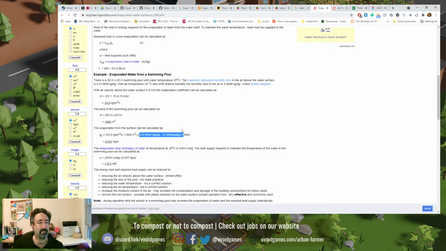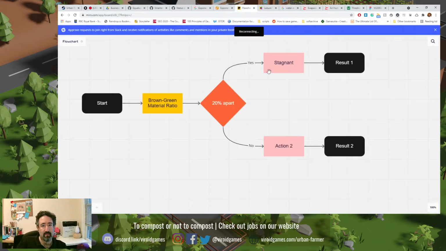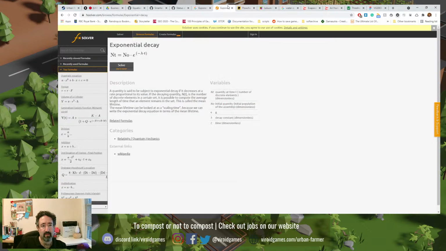And they also depend on temperature. Now, let's close a few tabs here. I think we will look into this a bit later.